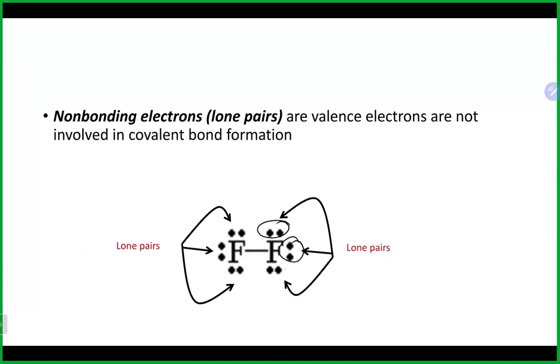And I know they're not involved in bonding because there is no element on the other side of it. They are what are referred to mostly nowadays as non-bonding electrons, but if you're old like me, lone pairs is what most people call it sometimes. So if you hear somebody say lone pairs or you hear somebody say non-bonding electrons, it's the same thing.